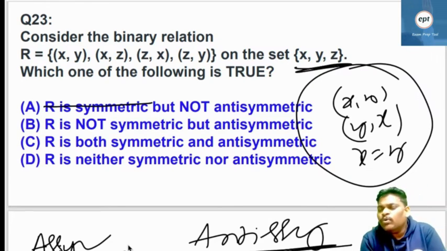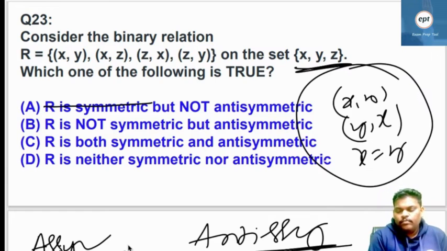If anyone is not okay, see the notes and talk. Which one has more conditions, asymmetric or anti-symmetric?